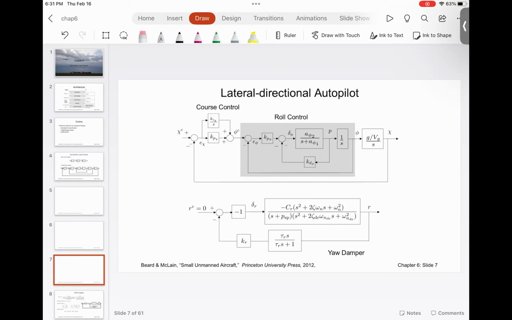And then if you look at the equation for the yaw damper, and what is a yaw damper? There is a concept which is called the Dutch roll. What I want to tell you is, for example, because of roll and yaw coupling, the aircraft is going to go like this. And why is this called a Dutch roll? Because I think this is how penguins walk. So if you look at the aircraft, it's going to go something like this.